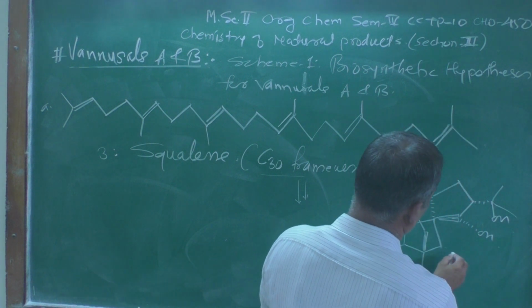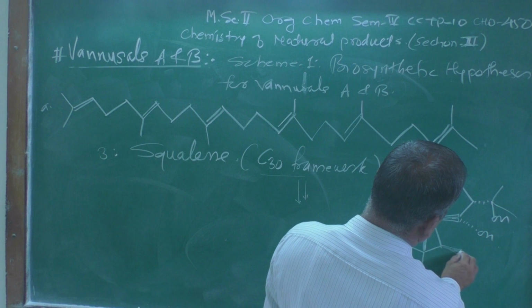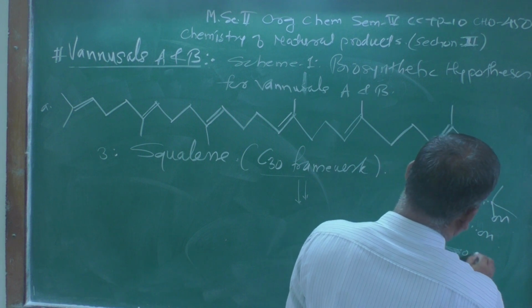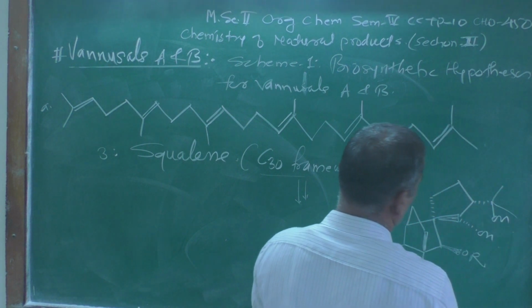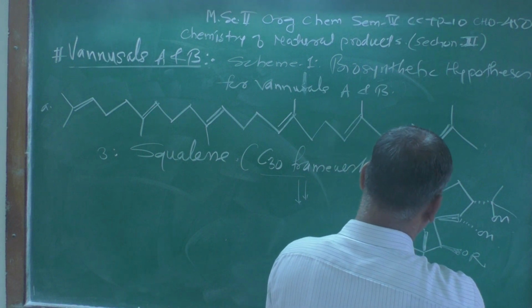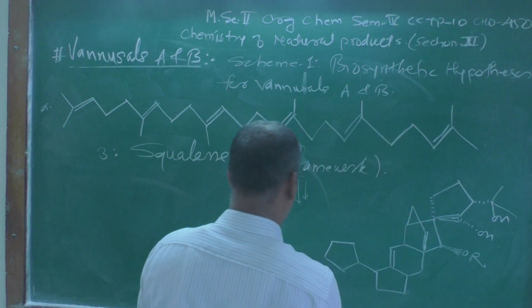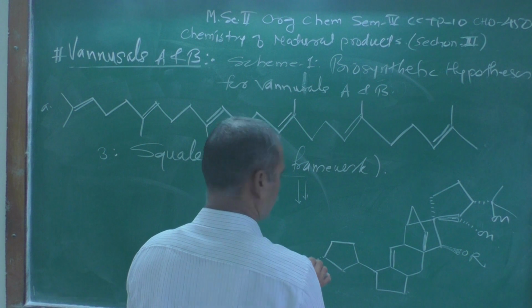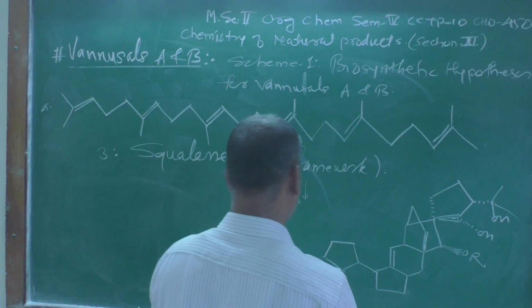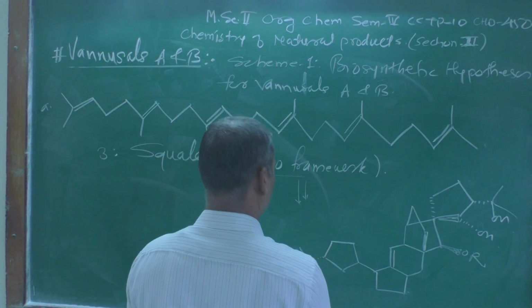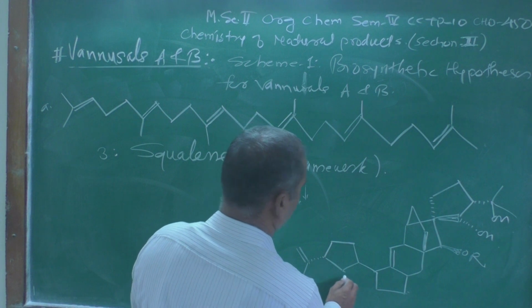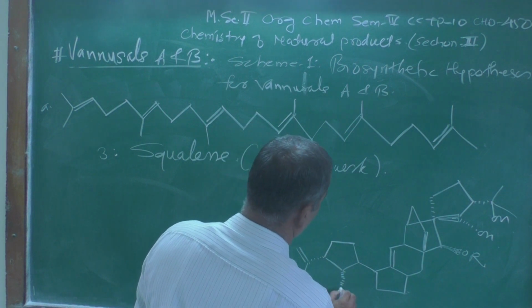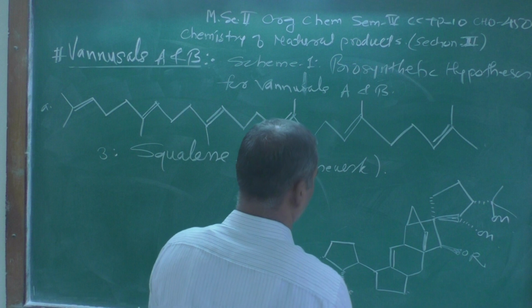Now, here is one group, which is OR, you can say. Then come to this side. Here is a double bond, and as we know, here there should be an acetyl group.